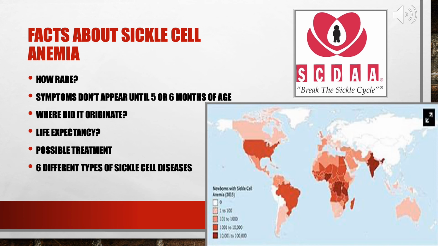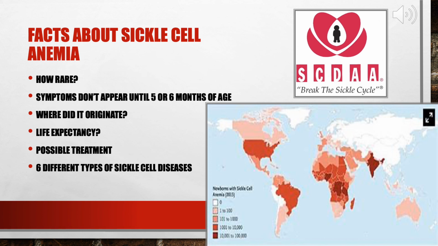And then HbSC, one parent passed on an abnormal hemoglobin S gene, and the other parent passed on a gene for abnormal hemoglobin C. And then HbS beta thalassemia, one parent passed on an abnormal hemoglobin S gene, and the other parent passed on a gene for beta thalassemia.